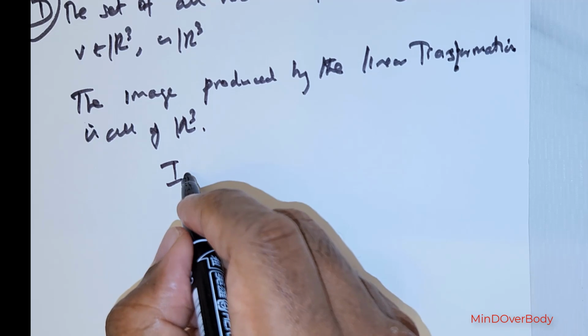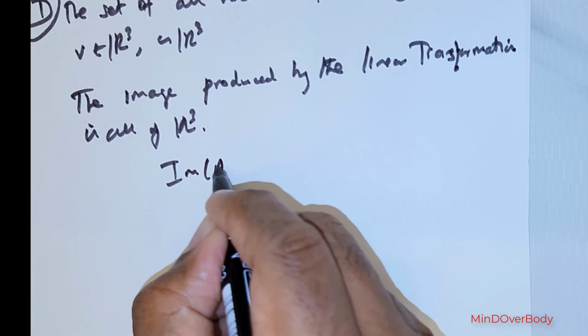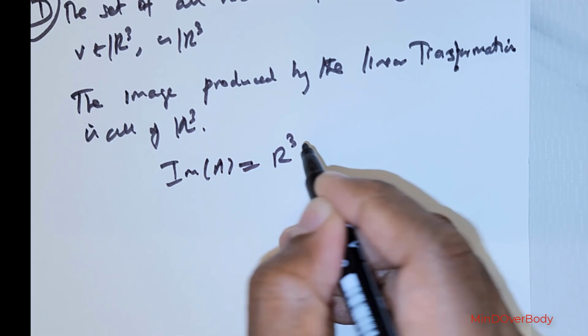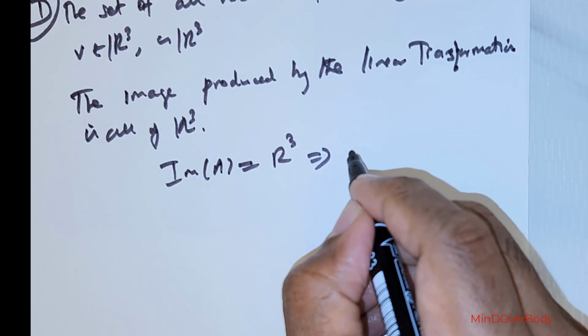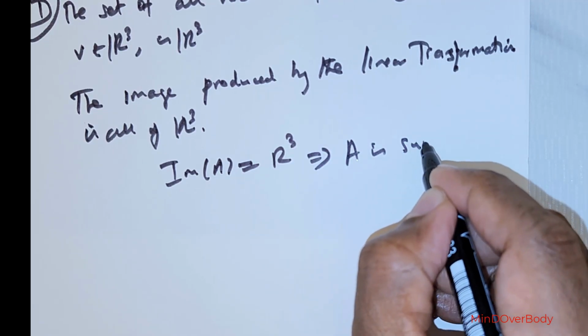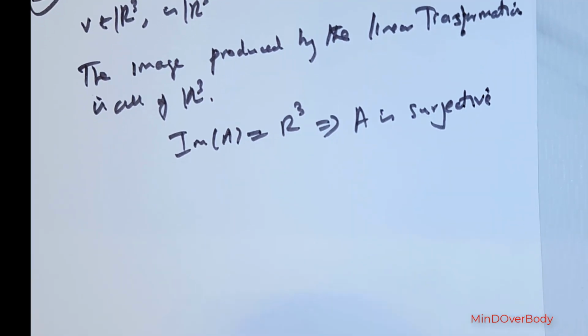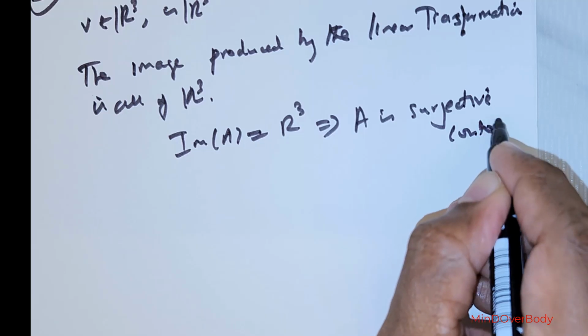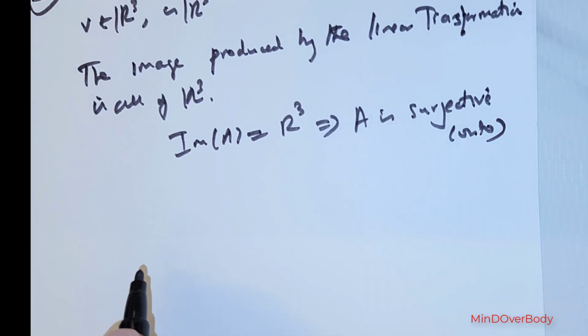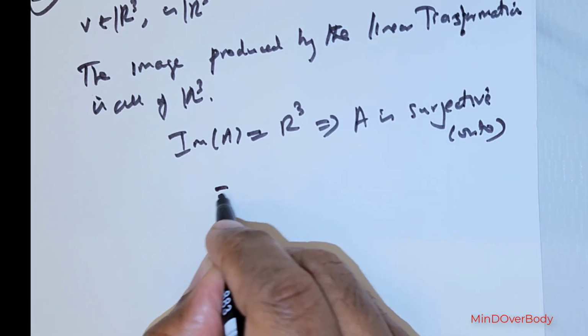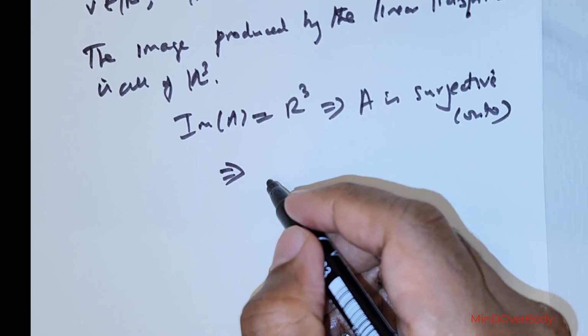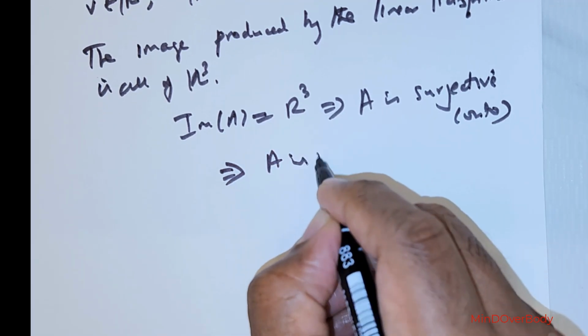So in representation they are telling us image of A is equal to R3. So what is the meaning of this? This means A is surjective. Okay, so once A is surjective, the inevitable implication is A is invertible.